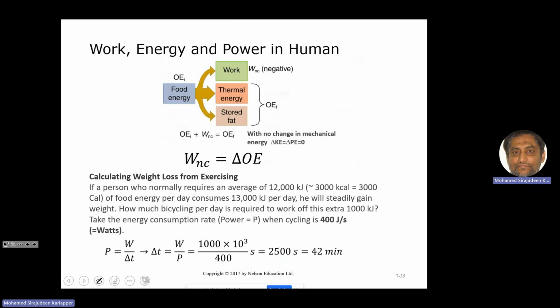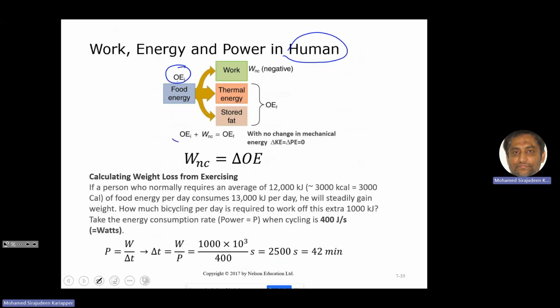Okay, so here is a picture that is showing what happens in a human. The other form of energy that we can have is food energy. Suppose you consume certain food, it creates energy.